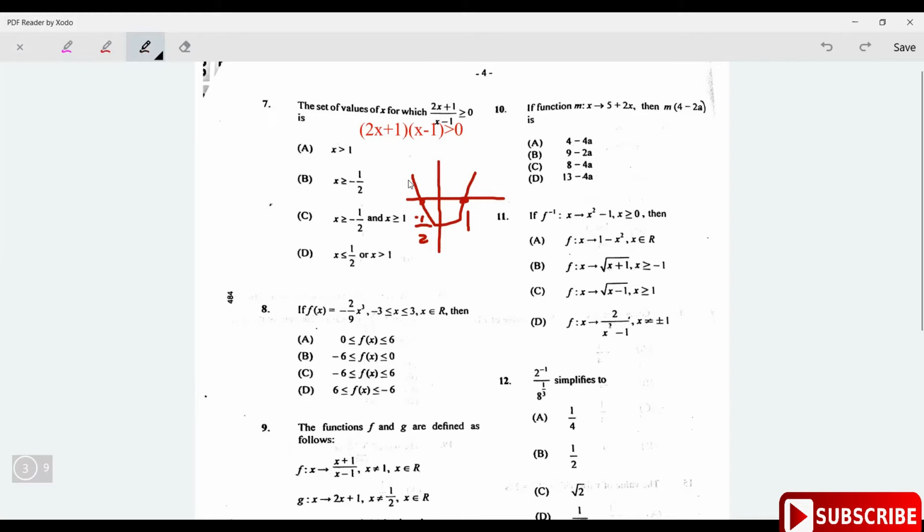So the answer is going to be x is less than minus a half, or x is greater than 1. That's the possibility. So x is less than or equal to minus a half, or x is greater than or equal to 1.